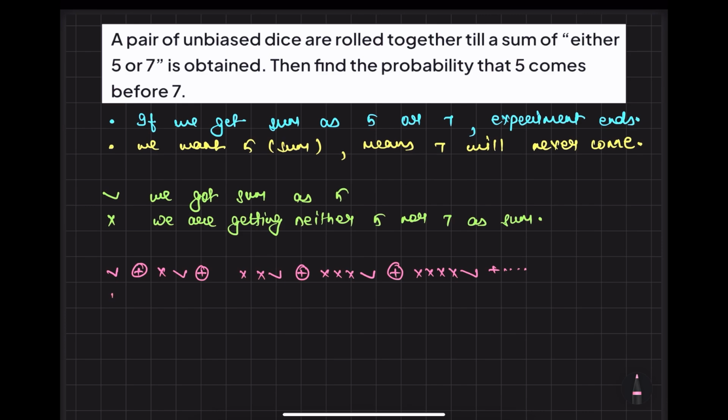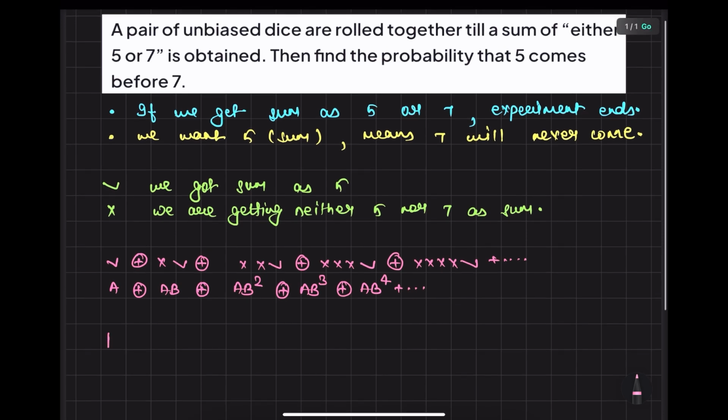Suppose that it is A, it is AB, it is AB square, it is AB cube, it is AB power 4, and so on. Now can I write that the required probability is, if you observe, these things are in GP, pure GP.